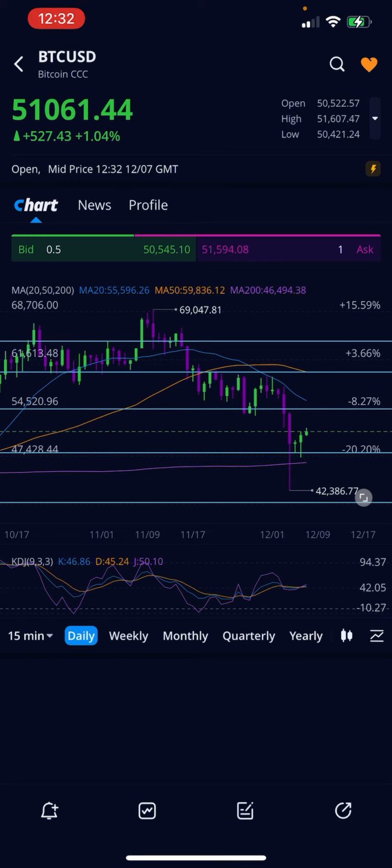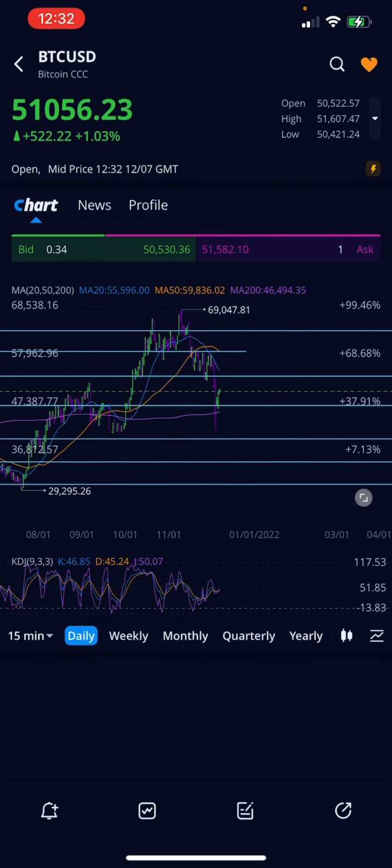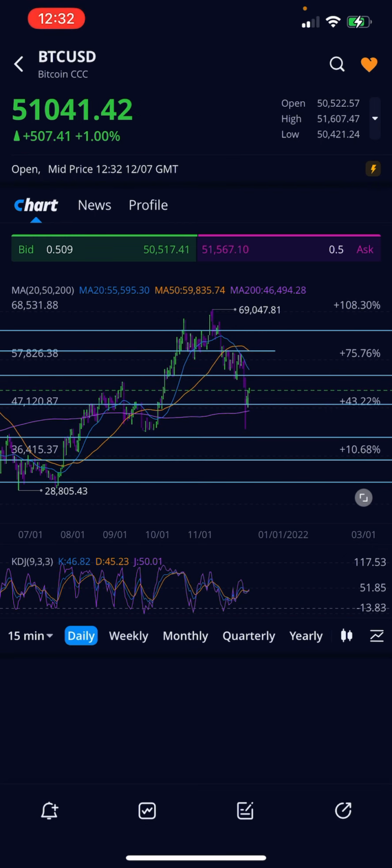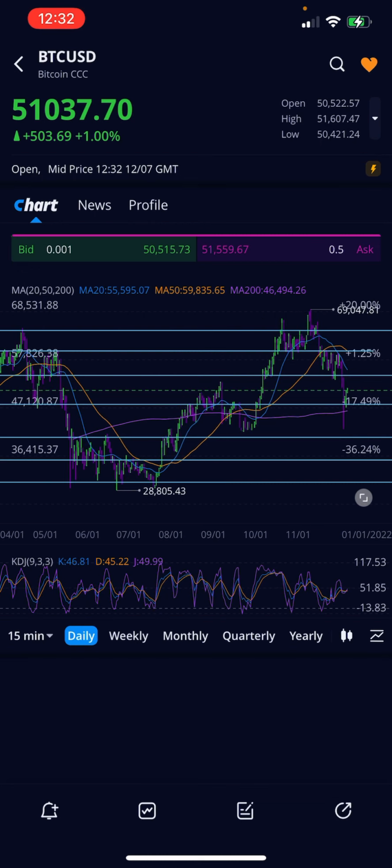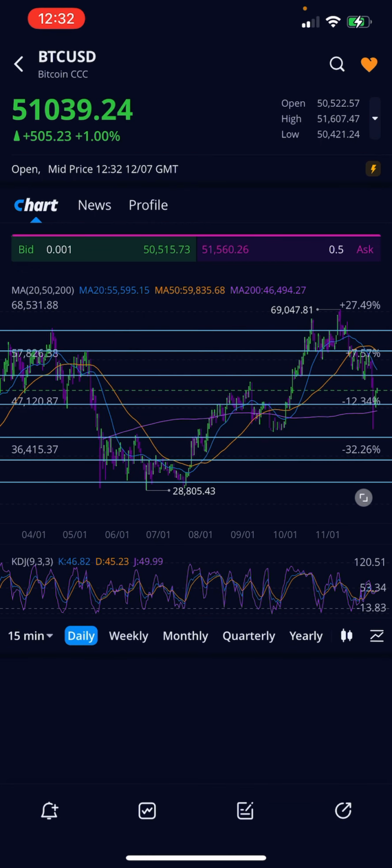Now, in order to draw support and resistance lines, I'll go out further. The trick to draw them is to capture as many candlesticks as possible, and also try to catch as many whole body candlesticks as possible.